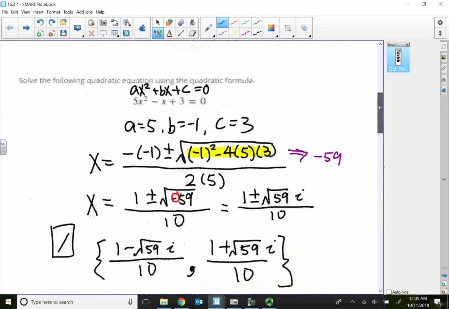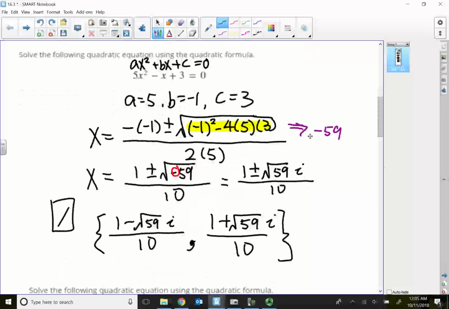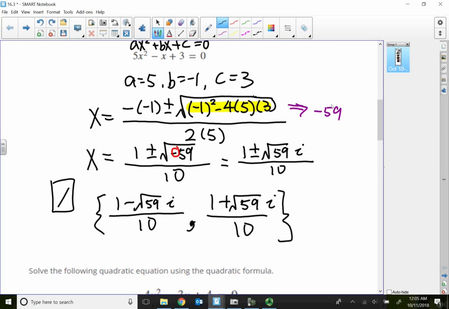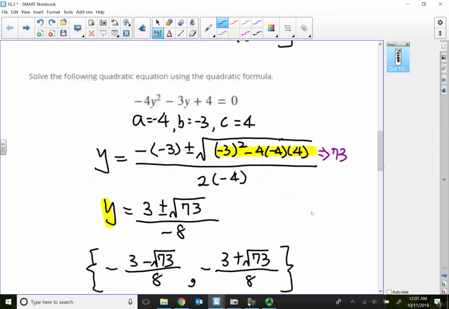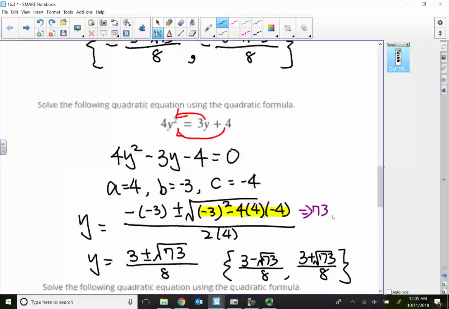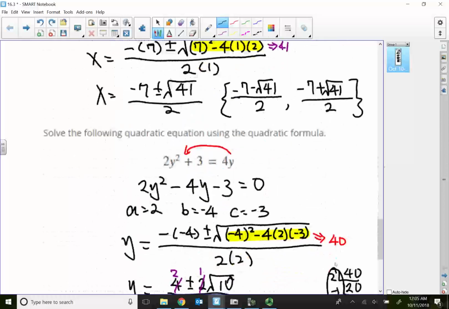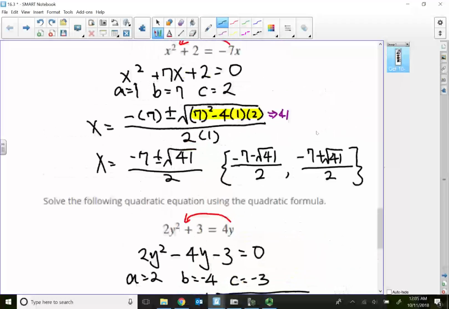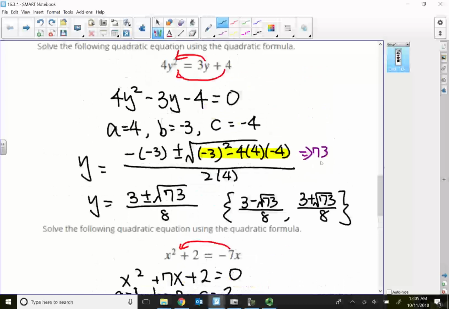Now, let me go ahead and explain this real quick. Why am I writing all these numbers in purple? What's inside the square root? Because if what's inside the square root turns out to be a negative, then my answer contains an i. The 73 and the 41 and the 40, those numbers are not perfect square numbers.